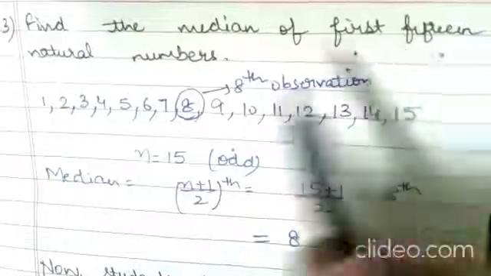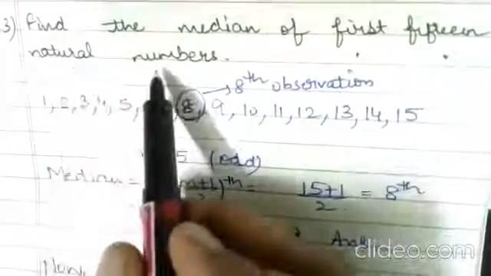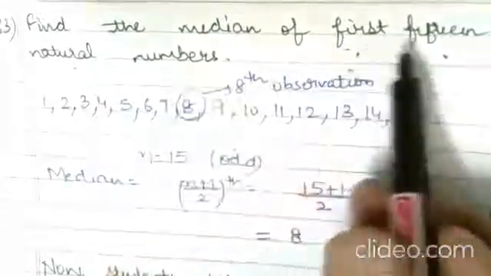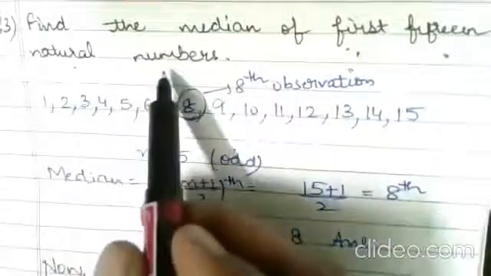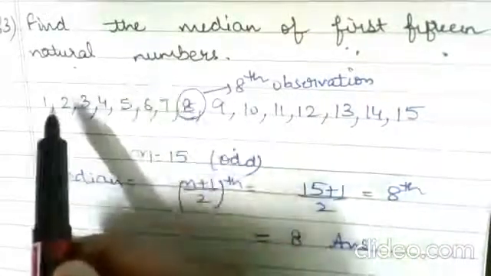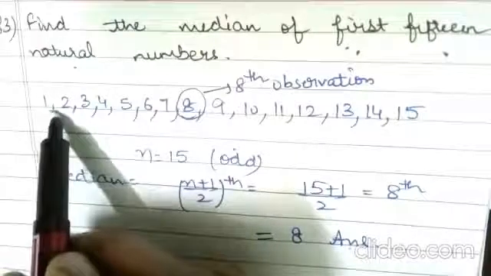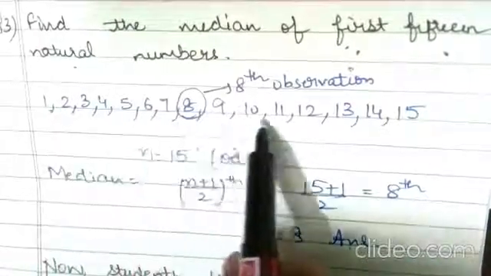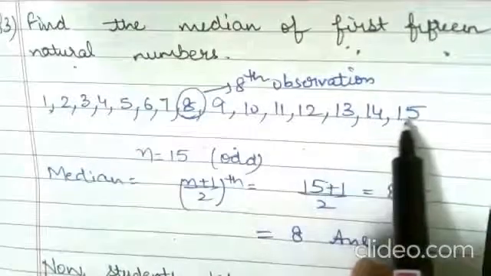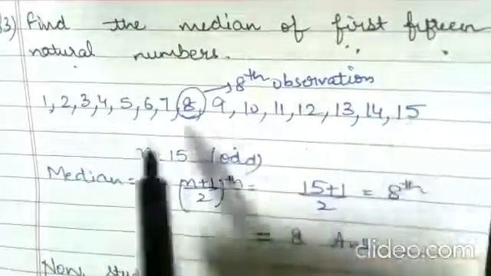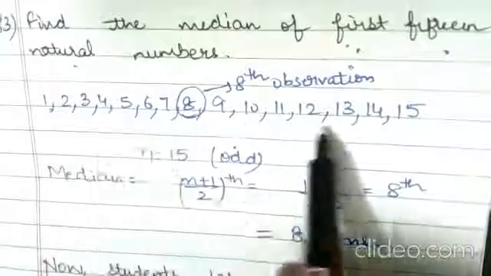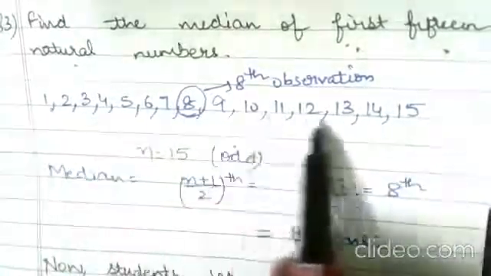Next question is, find the median of the first 15 natural numbers. Natural numbers start from 1 and we have written all the natural numbers up to 15. Now these are 15 natural numbers.